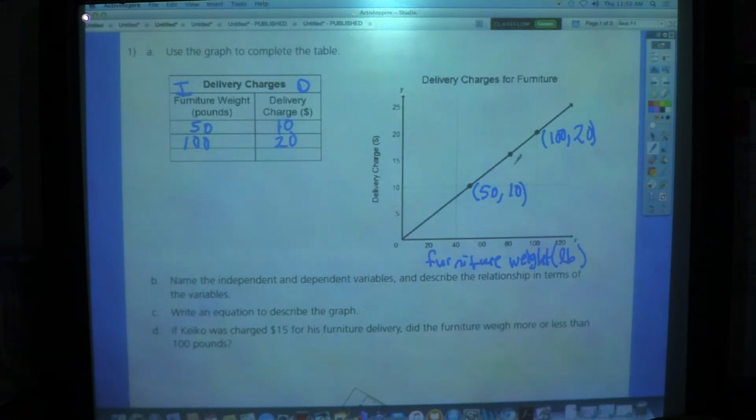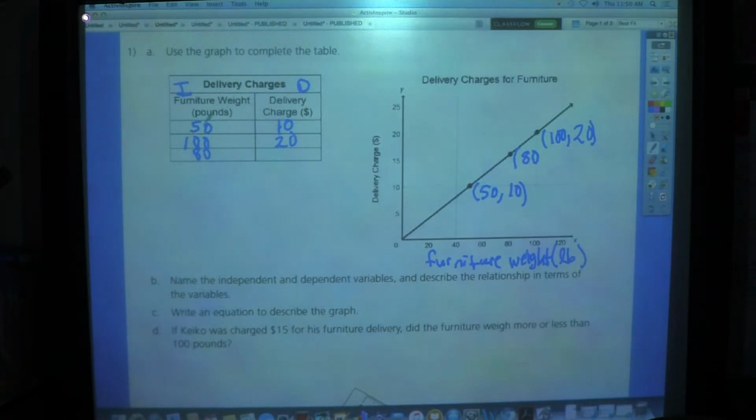Now let's go to this. This is on the line for 80 pounds. But it's hard to tell what it is on the y-axis. So what I'm going to do is go ahead and write my equation to describe the graph right now. Because once I do that, it becomes obvious what my y-coordinate needs to be here.